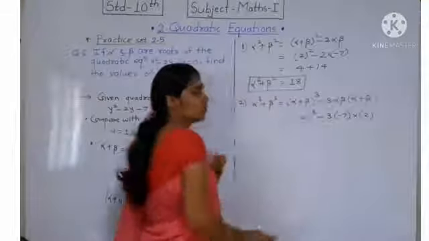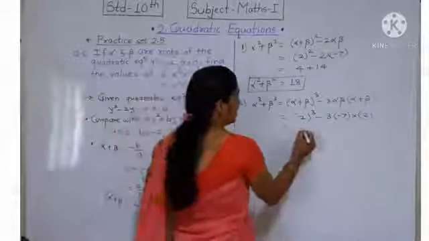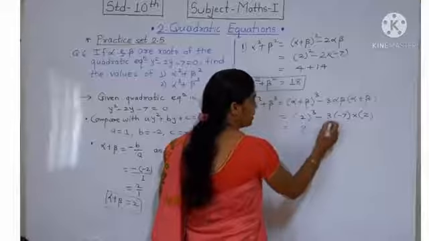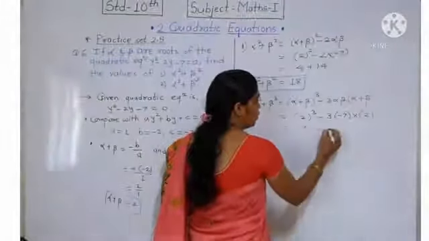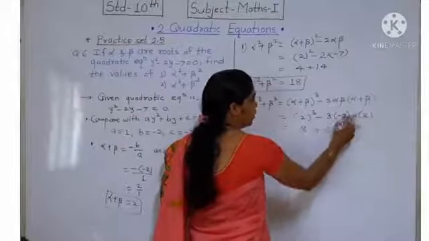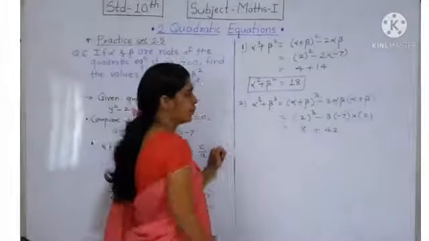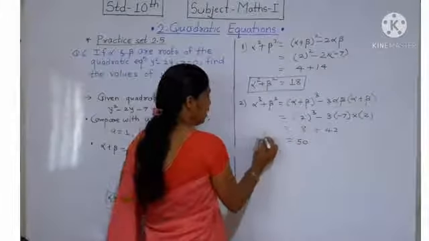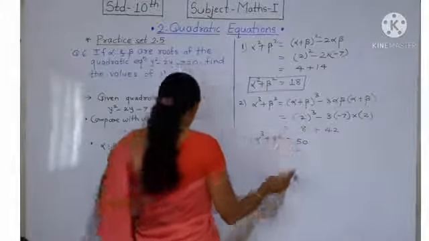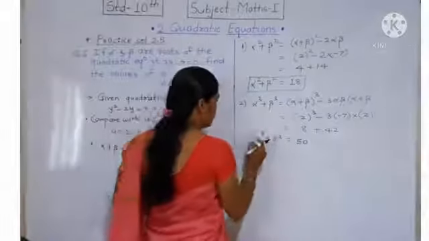So 2 cube is 2 into 2 into 2, 8. Minus minus plus 7 threes are 21 into 2, 42. Okay. Here answer is 50. Therefore, alpha cube plus beta cube is equal to 50.